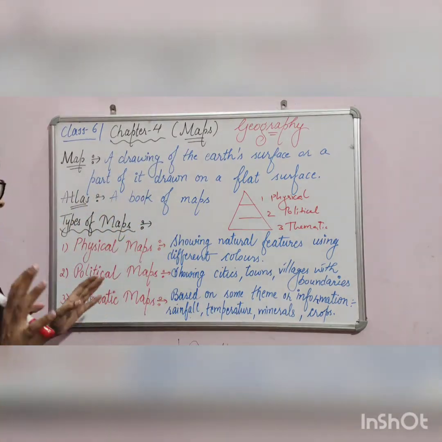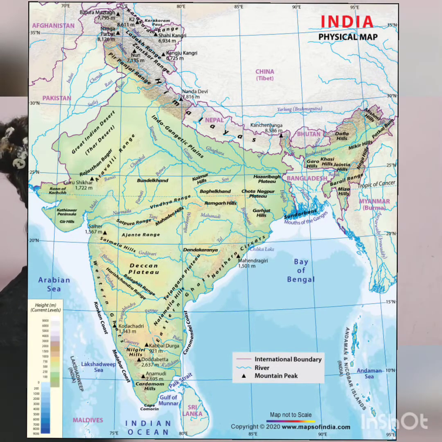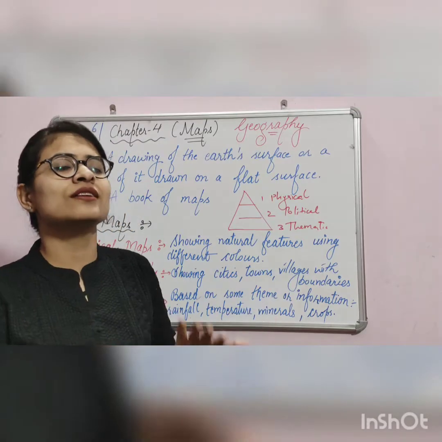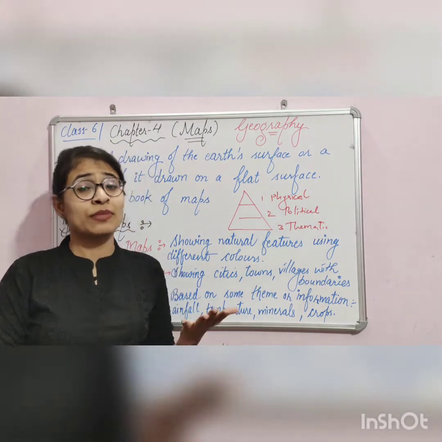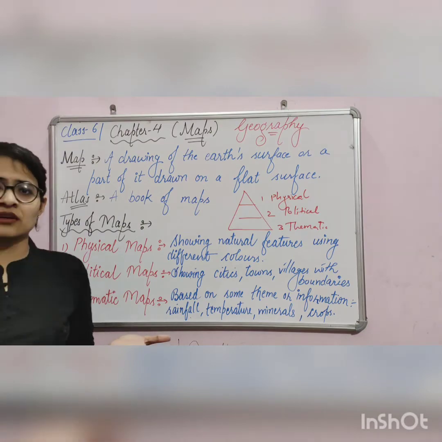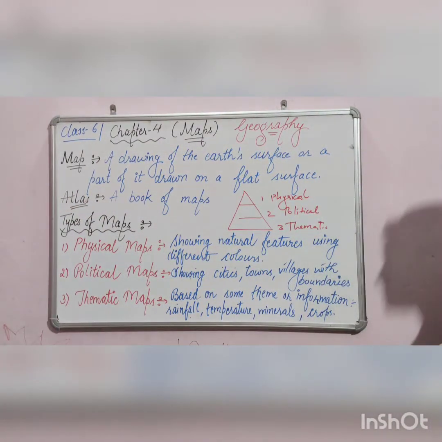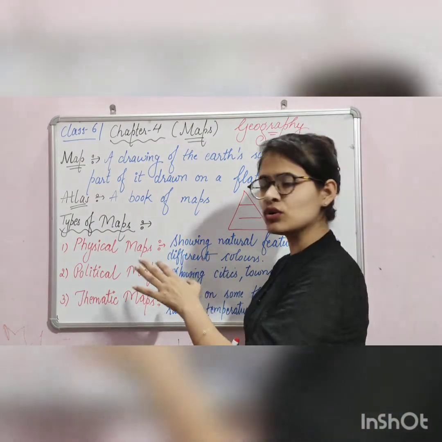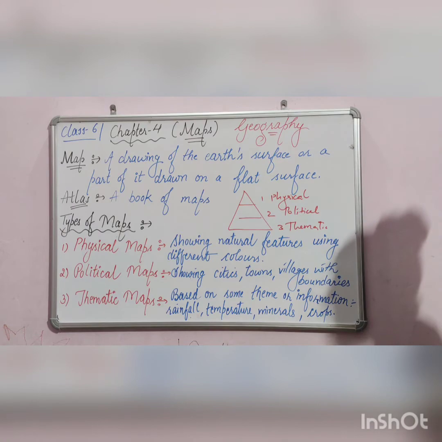Physical maps are those maps which show the natural features, like mountains, plains, plateaus, rivers. Whatever the natural things, they provide us information about the physical features of our country. We can show them by using different colors.